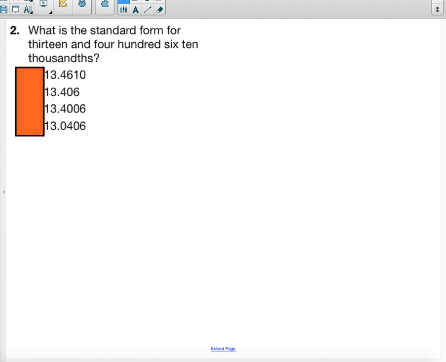Alright, number 2. What is the standard form for 13 and 406 10,000? In this case, you want to make sure that the last thing you say when you read the number in standard form is 10,000s. The best way to solve one of these problems is to write out the number just the way it sounds.